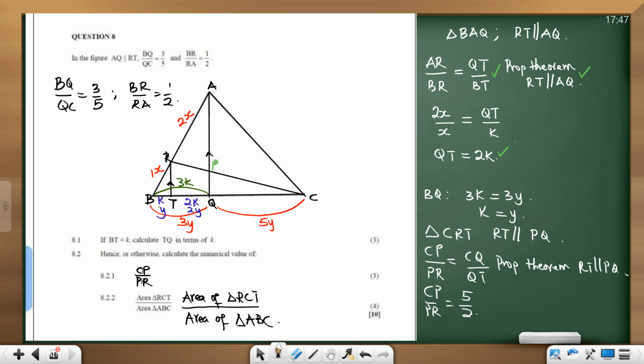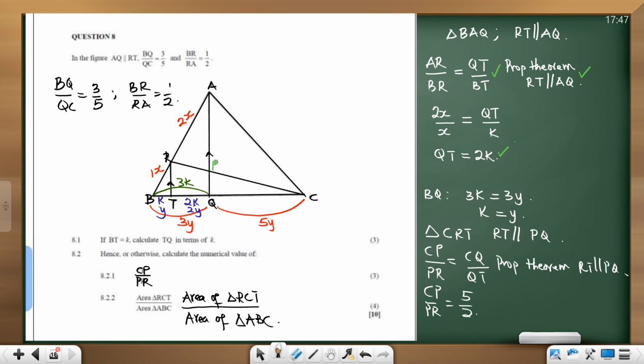Yes, Kwesi? Quickly, shoot. So why don't you put 5y over 2y? Kwesi, 5y over 2y. I said it. Simplify. What is y over y? It cancels. Yeah. So I don't need to write it. Okay, thank you so much.